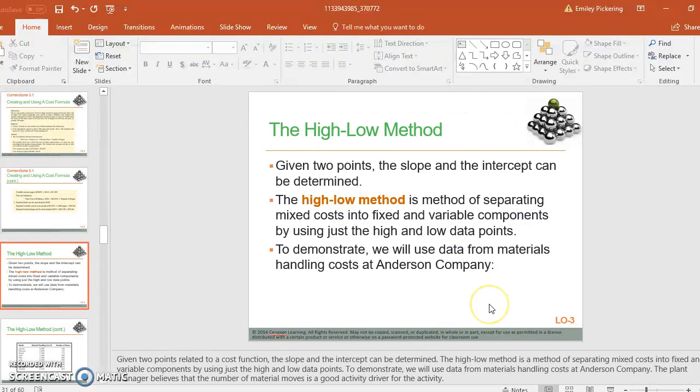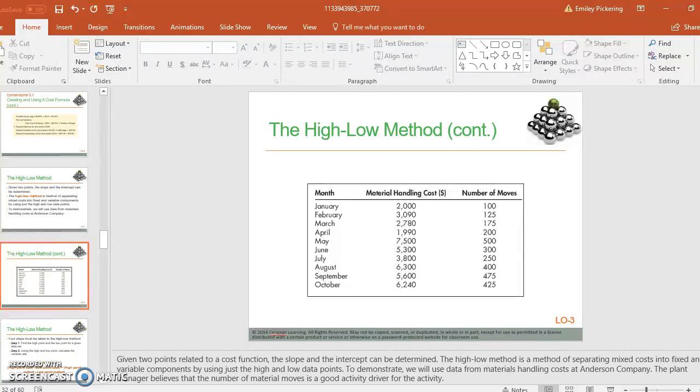Okay. All right, let's talk about the high-low method and how we do that to separate out our fixed and variable costs. Okay, what you need is a good set of data here. So we are going to find our highest number of moves and our lowest number of moves. You will not go by the cost. You're going to go by the number of moves here. All right.